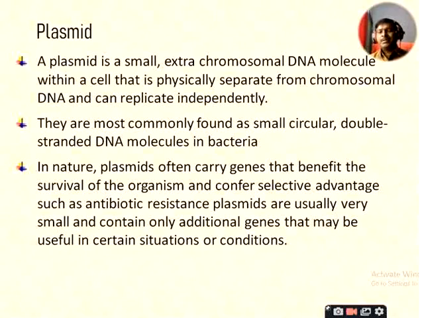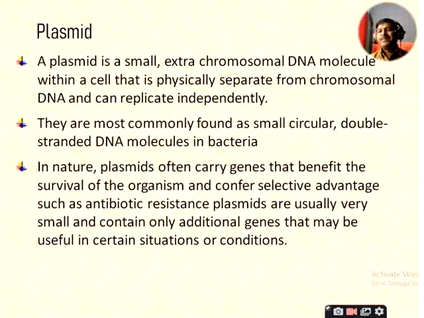Plasmids are usually very small and contain only additional genes that may be useful in certain situations or conditions. That means sometimes these bacteria are killed by some substances, and for that purpose there are some genes or plasmids which give the organism resistance to the chemical substance.